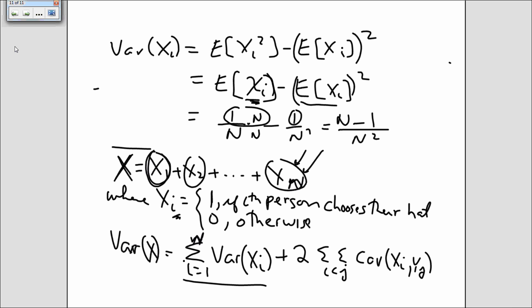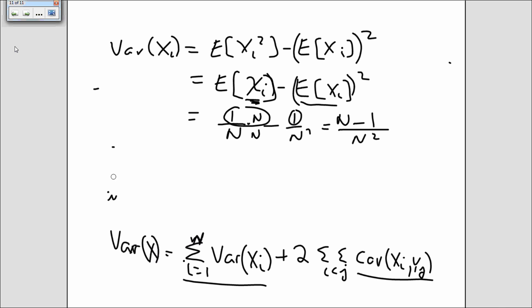Okay. So now, what we need to calculate is the covariance of Xi and Xj. So let's do that down here. What is the covariance of Xi and Xj?